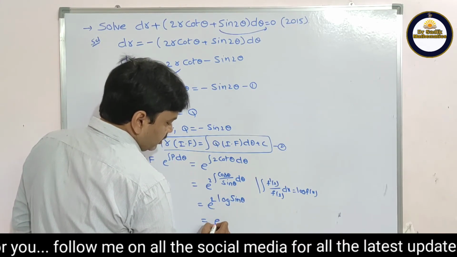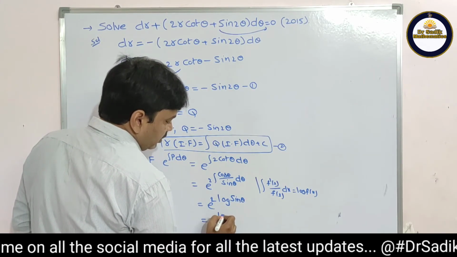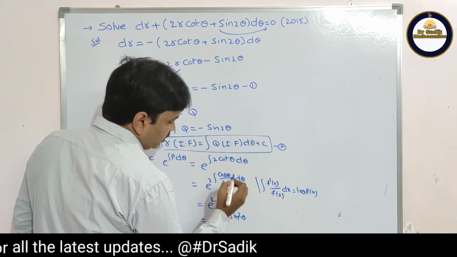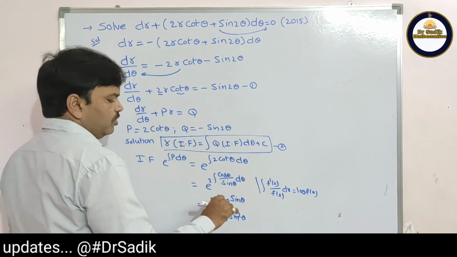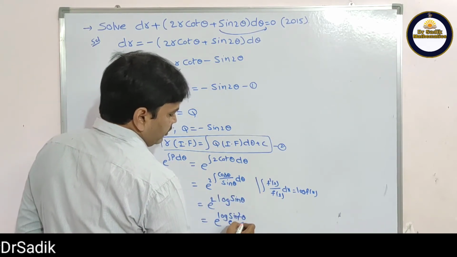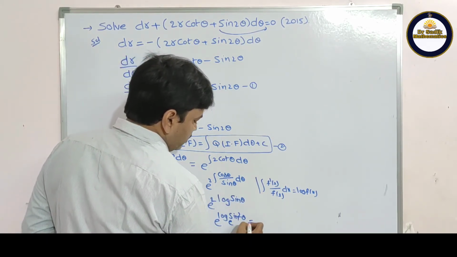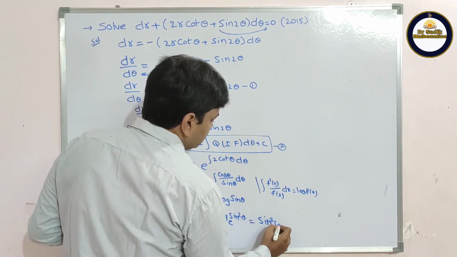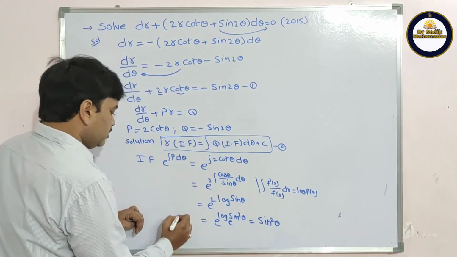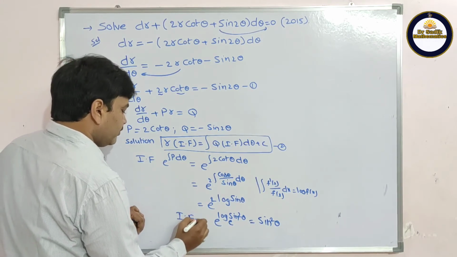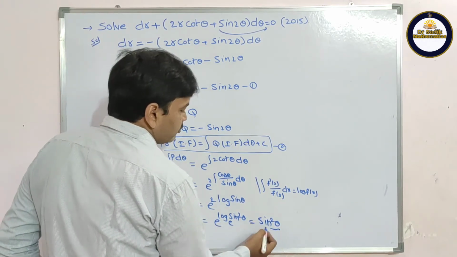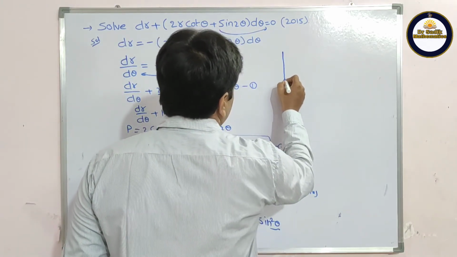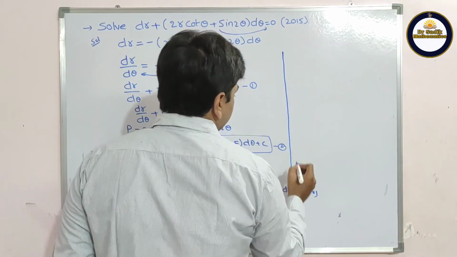This can be written as e power log sin square theta, base e, friends. You already know the formula. So this can be written as sin square theta. So the integrating factor is sin square theta.